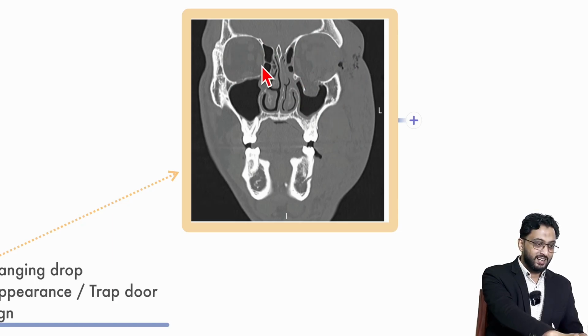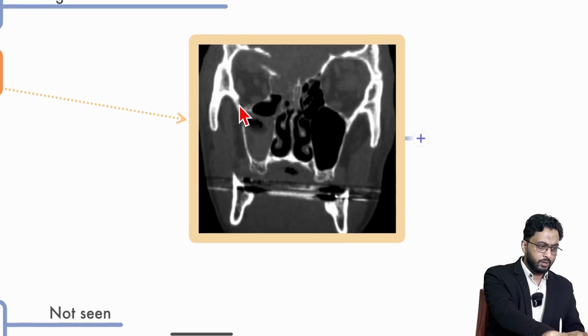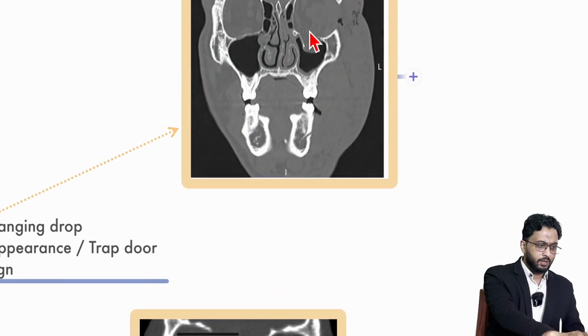This is the normal orbit, and this is the volume-increased orbit, where the entire orbit is not compressed. Whereas if you see this picture, the volume is decreased, it's compressed. Even your roof has fractured, your rim has fractured.